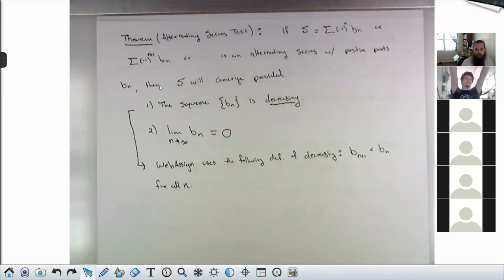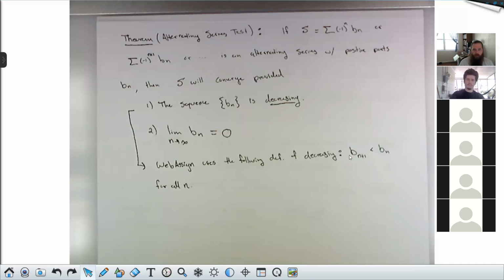It's certainly true if the next term after any given term is smaller than the given term, and that's true for every number n, then your sequence is a decreasing sequence. Bn and Bn+1 are two generic terms of the sequence, one immediately after the other. If the next guy is always smaller than the previous guy, that's precisely what it means to be decreasing.